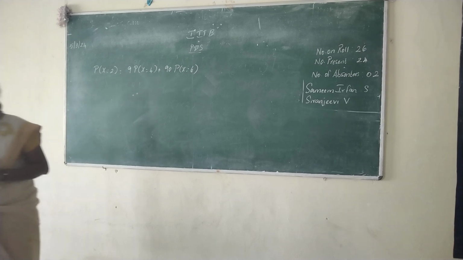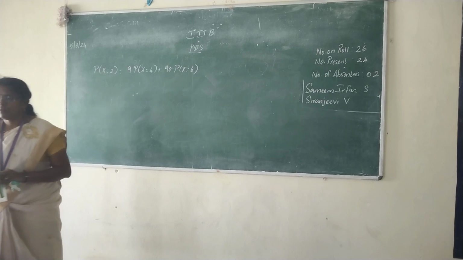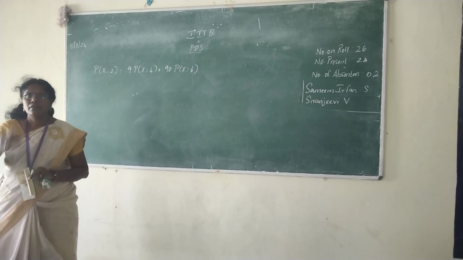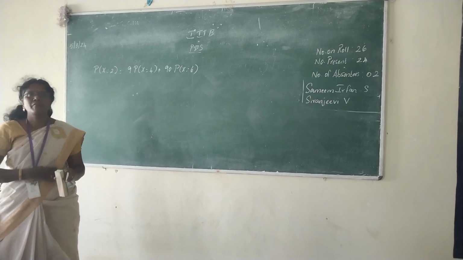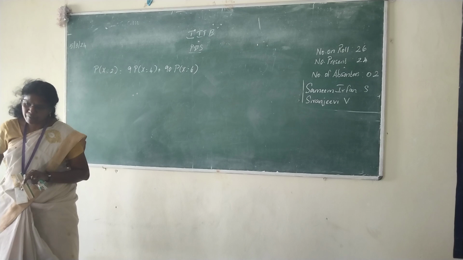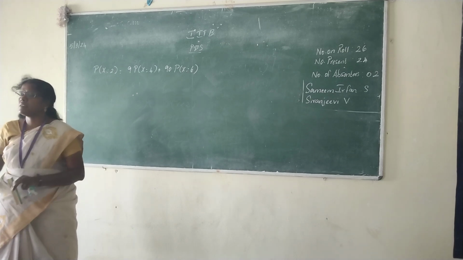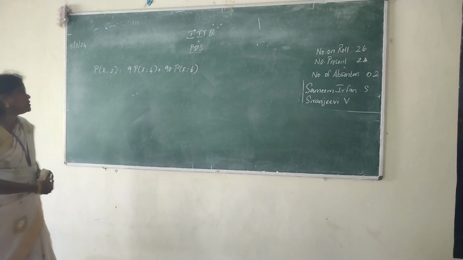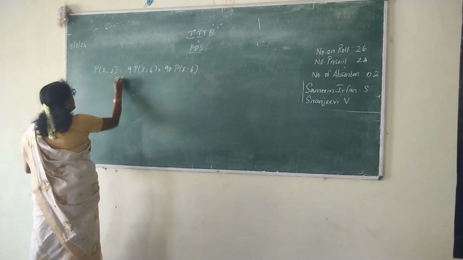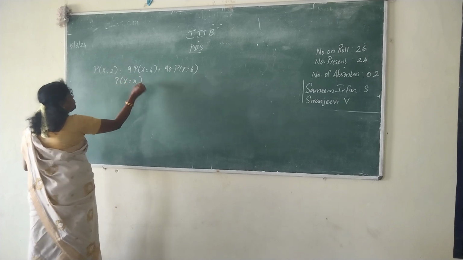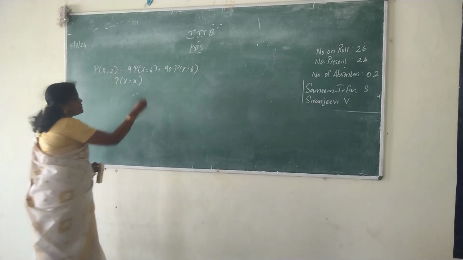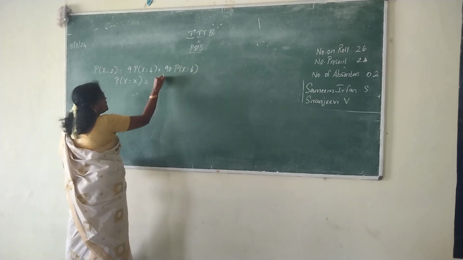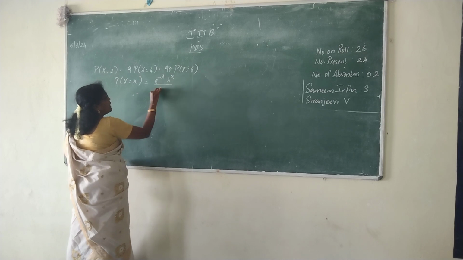So start the solution. For Poisson distribution, mean equal to variance is equal to lambda. So right, we know that probability of x equal to x is equal to, write your definition of Poisson, e power minus lambda, lambda power x by x factorial.